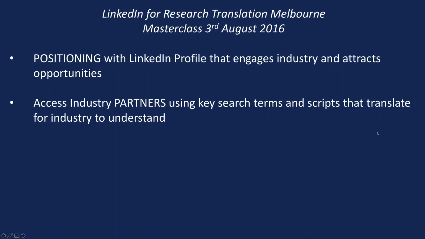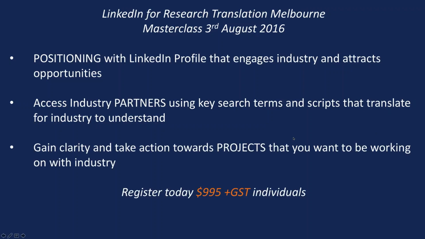So we give you the tools to be able to have the conversation and know what to say that translates for industry to understand. And then the third part is how to get clarity and take action towards those projects, the projects that you want to be working on with industry, so that they align with the projects that they have in mind as well.